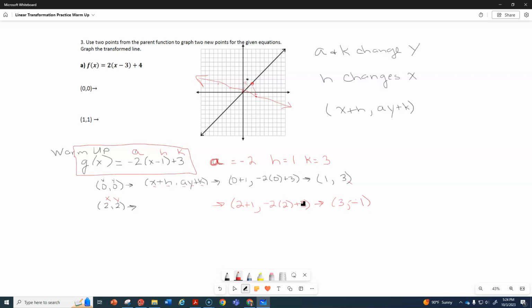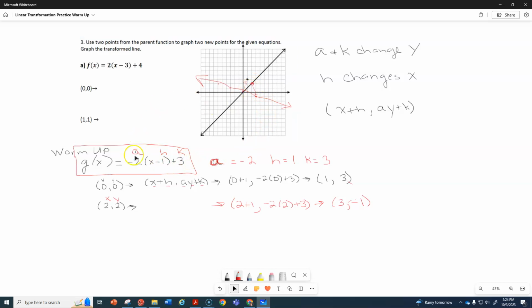Also, we know that it has a reflection. The -A causes it to have a reflection, and it's vertically stretched by a factor of 2. We shifted it right 1 and up 3.